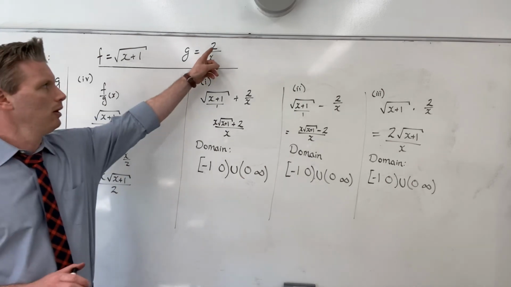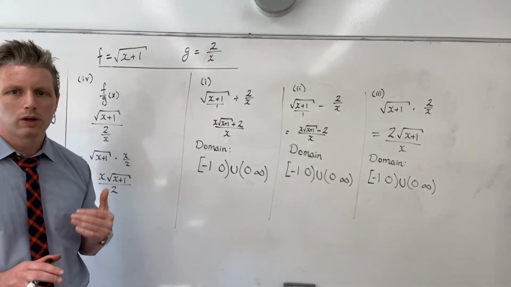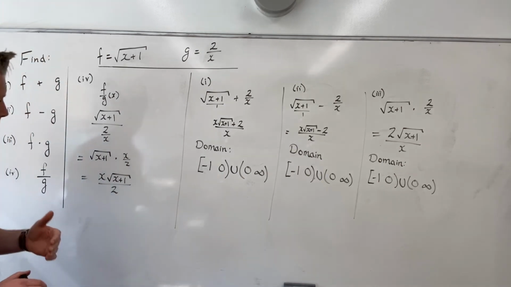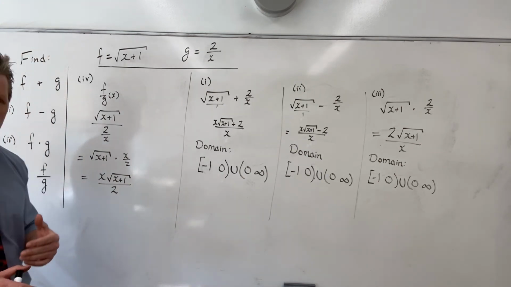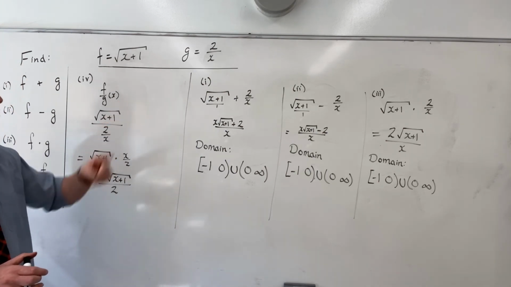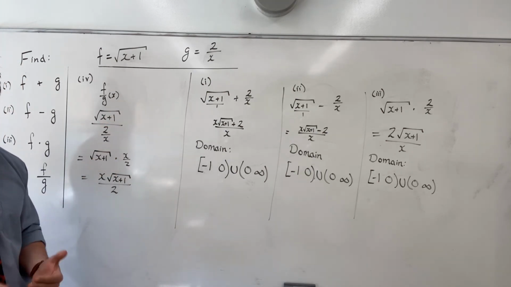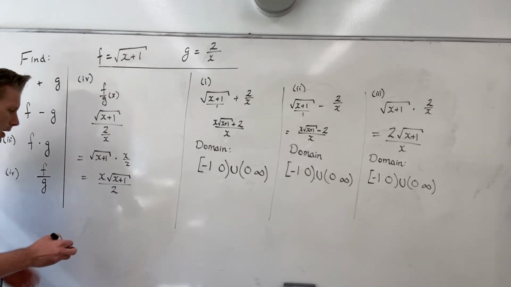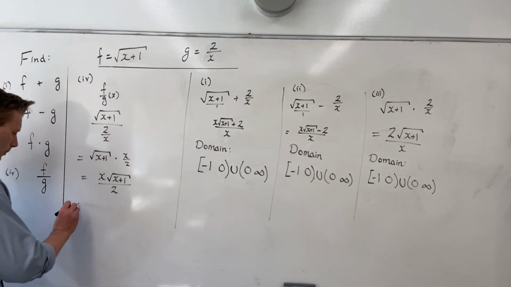I have a 2 in my numerator, and therefore 2 over x can never be 0. And so I don't need to worry about it. There are no values of x that make g of x equal to 0. And so my domain is just as it was before.